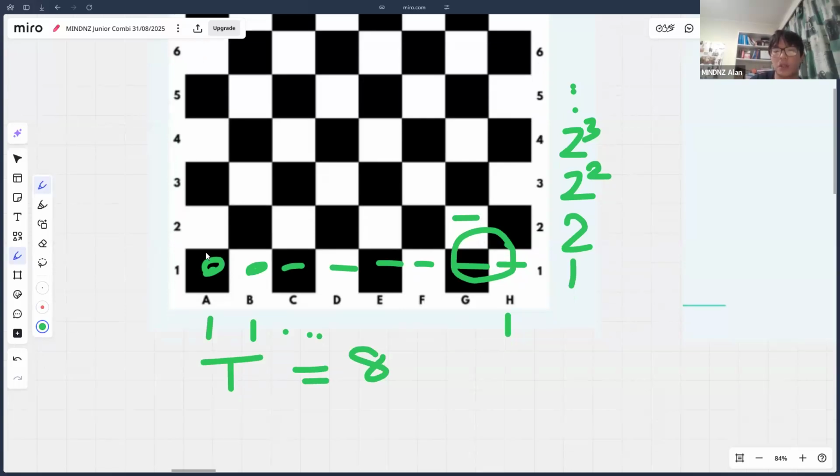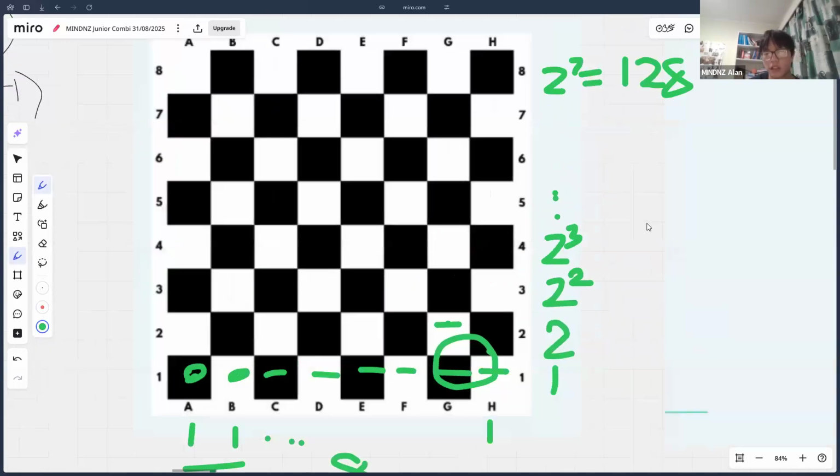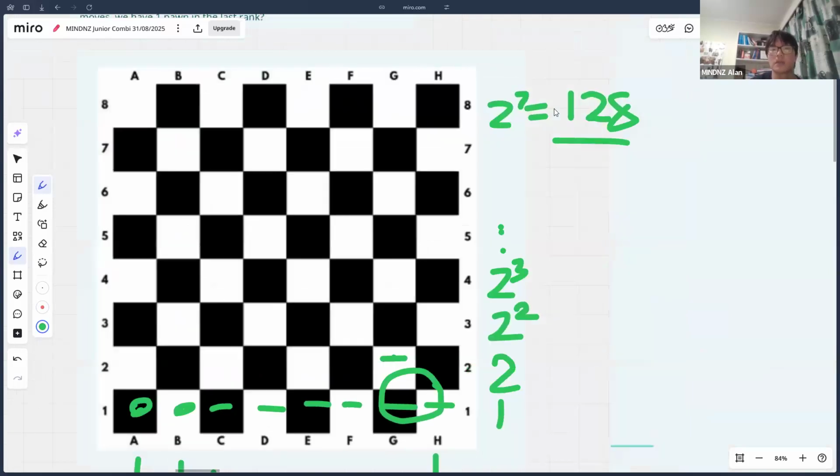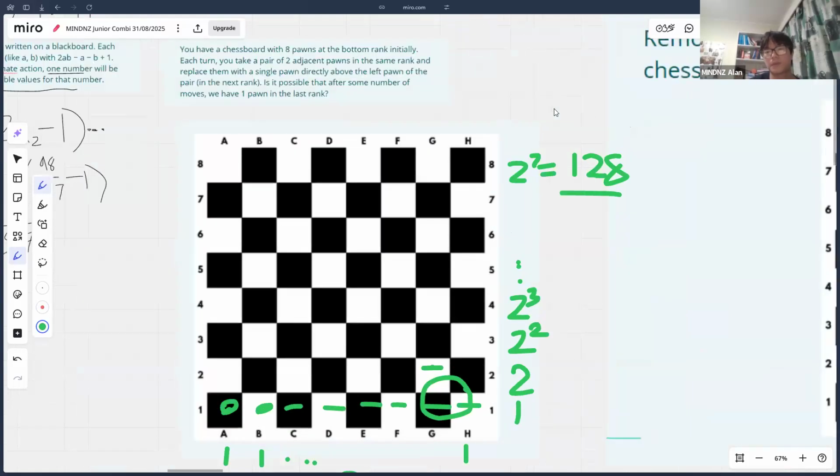We can take an example where we have all 8 in the bottom rank, and then we do the first move where we remove these 2 and replace them with this one. And then we still have a total of 8. But then we need the total to be 128 to be able to get to the last rank, which means this is definitely impossible.